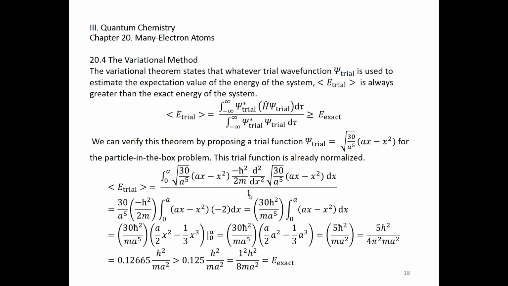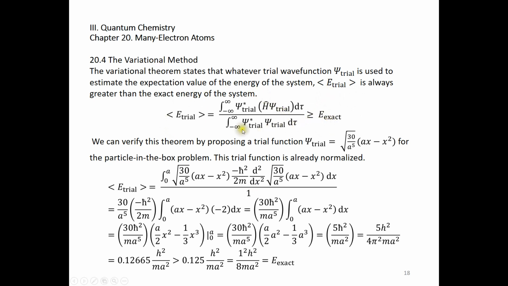The variational theorem states that whatever trial function you propose to estimate the expectation value of the energy of the system, the trial energy is always greater than or equal to the exact energy of the system. This equal sign holds only if your trial function is exactly the exact wave function.